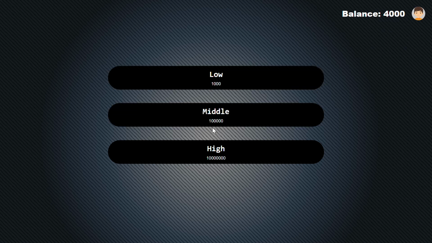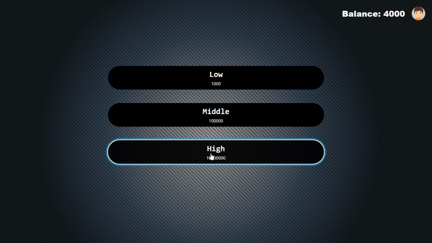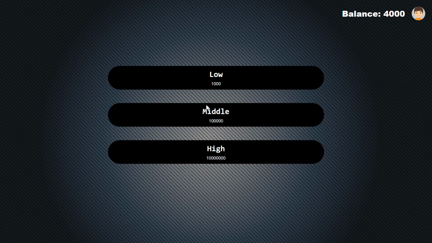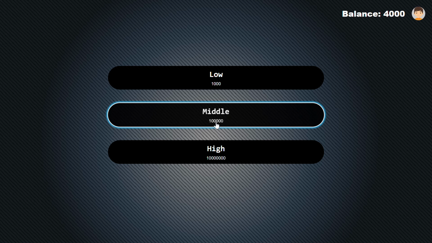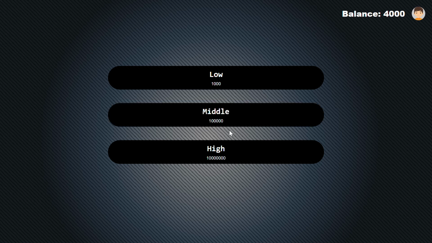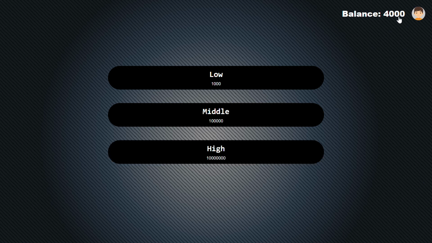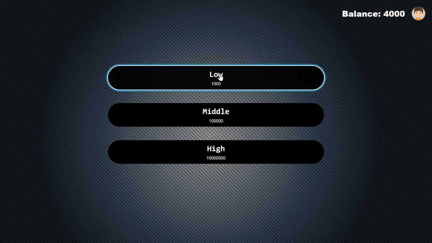I can't go to other levels like the middle or high level, because the minimum in the middle level is 100,000 and in the highest level is 10 million. I don't have those amounts, so I will continue to the low level. So I click the low level here.